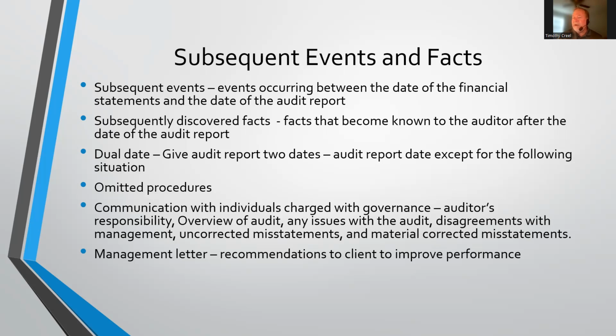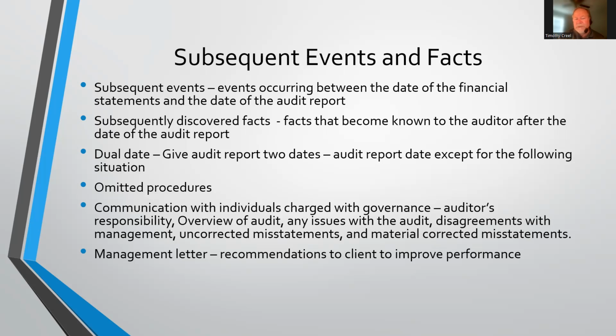It wouldn't open you up to additional things if something came out between the end of the year and the audit report. So you wouldn't change the audit report date to June. You would just keep the original date except for this situation. Again, it would just help protect you if something else were to come out as an audit firm.